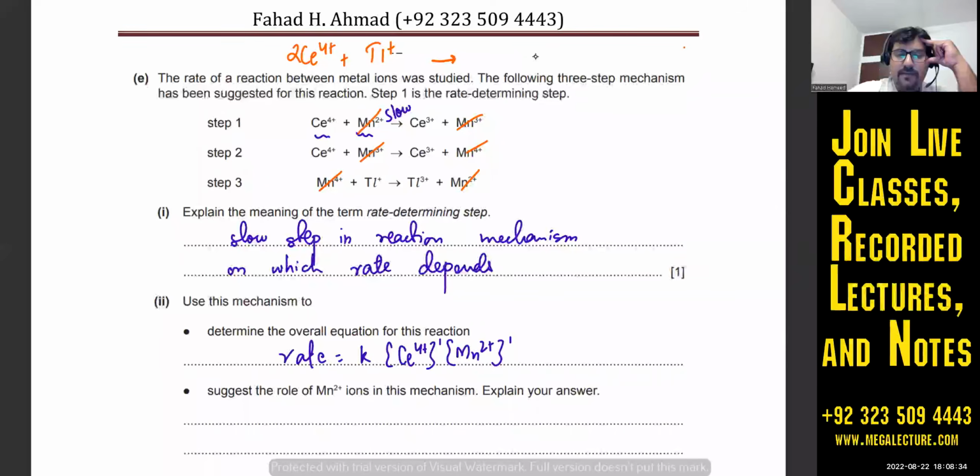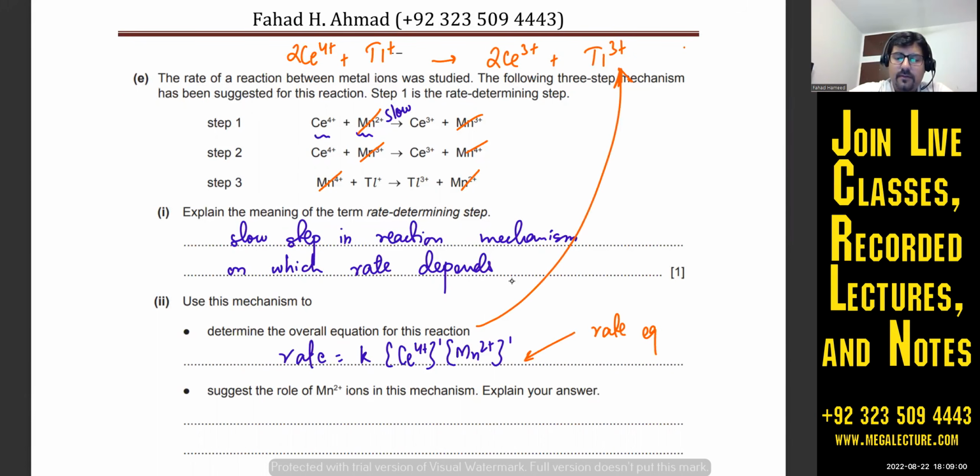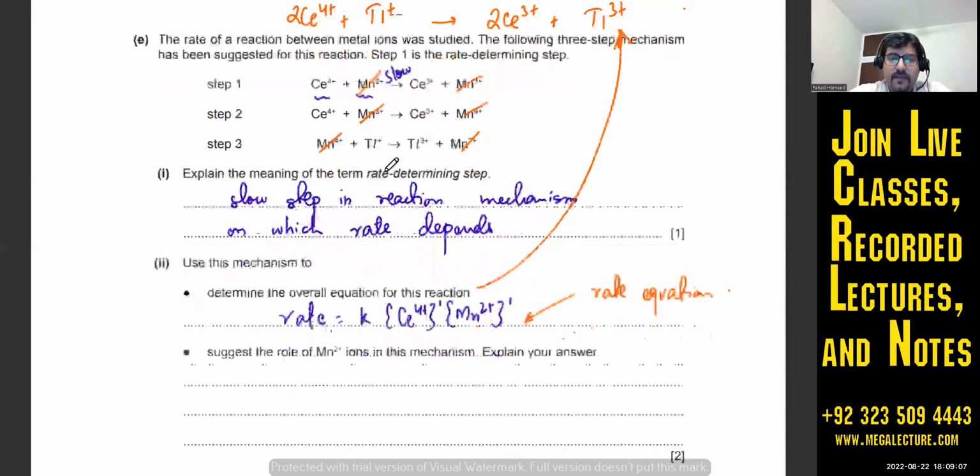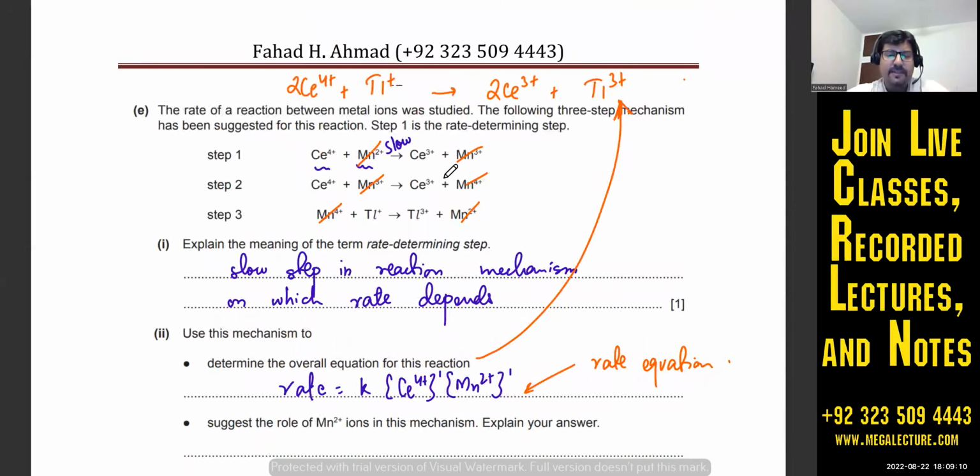On the product side you'll have 2Ce3+ and you'll have Tl3+, right? तो इधर actually ये लिखना था इस जगह पे ना, you had to write this. ठीक है, this one is actually the rate equation, not the overall equation. The overall equation is the reaction equation. So this was the overall equation, this was the mechanism of this reaction.